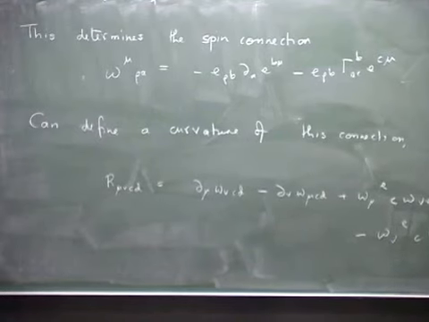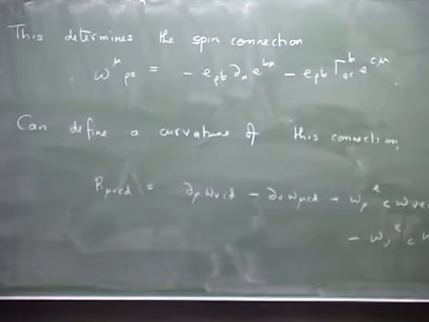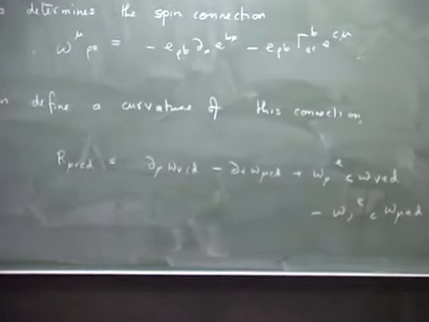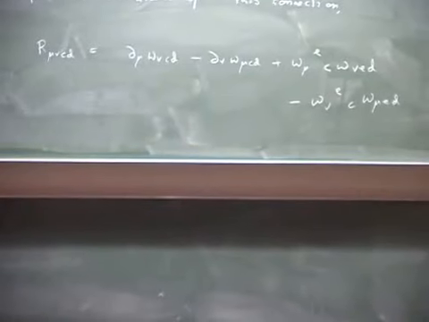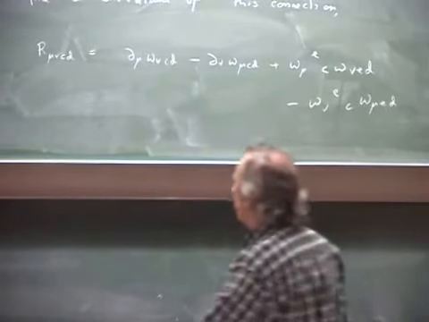That's right. So it's the same thing with mu and nu swapped round. So this thing has some symmetry properties. It's anti-symmetric under the interchange of mu and nu, and anti-symmetric under the interchange of c and d.